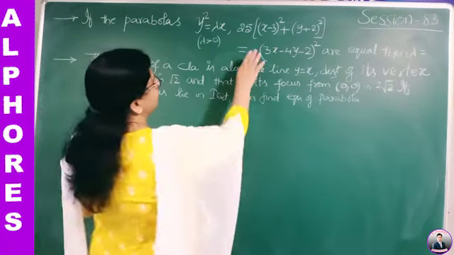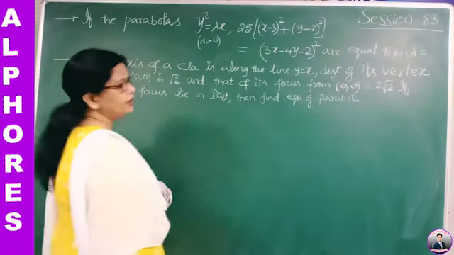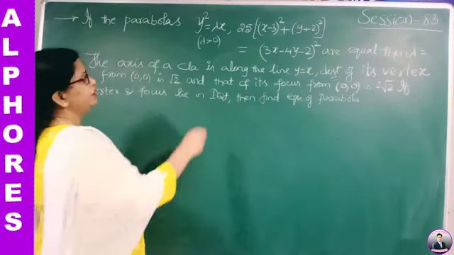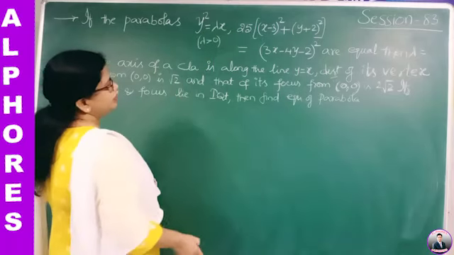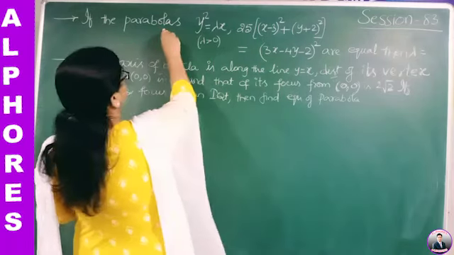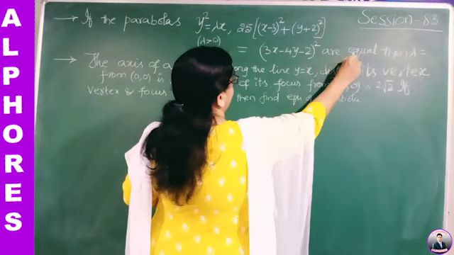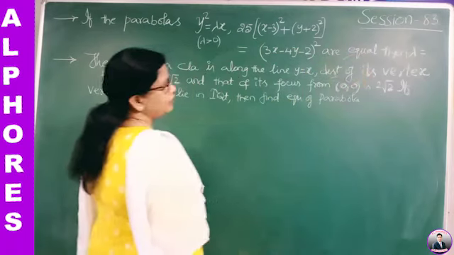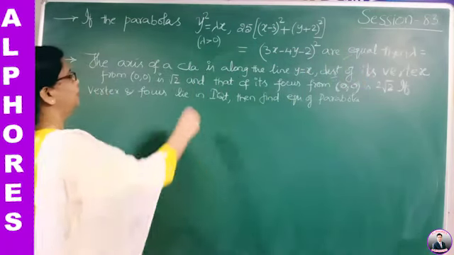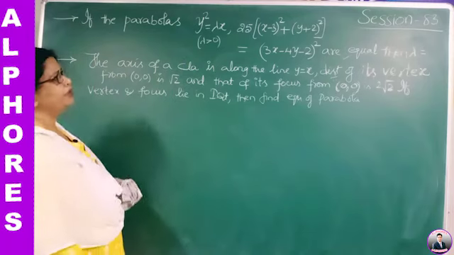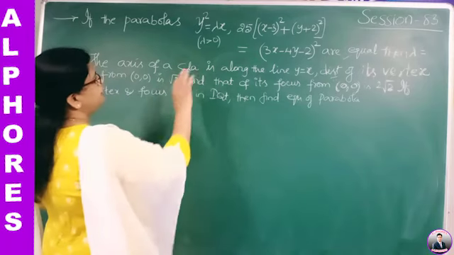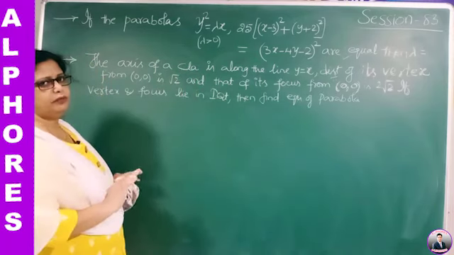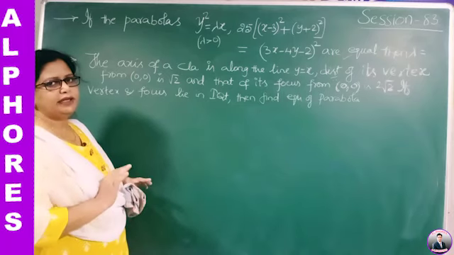And next, what about the latus rectum for this parabola? The requirement is, when the two parabolas are equal, what is the value of lambda, when lambda is positive? Whenever they ask this, the concept is that both parabolas should have the same latus rectum.